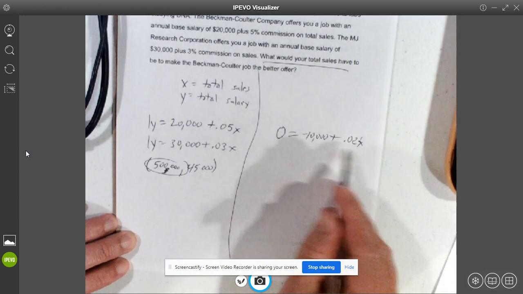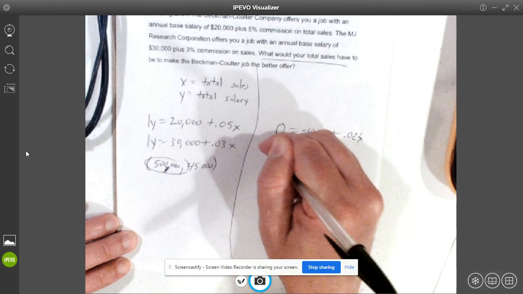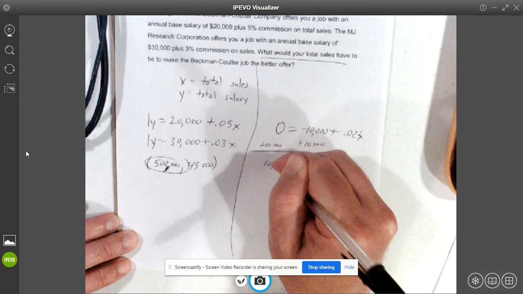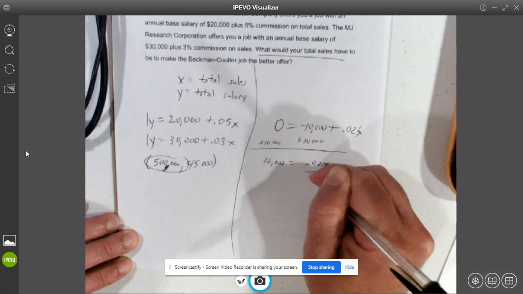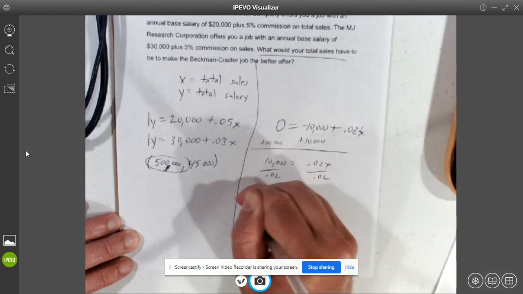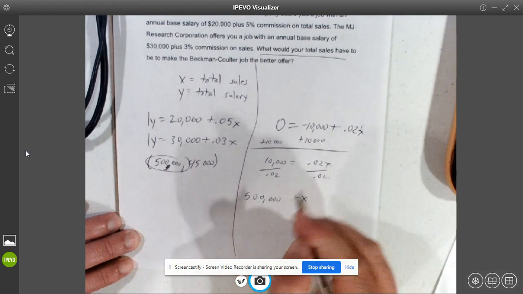And now you notice I get an equation with only x, so I can solve that. I can add 10,000 to both sides, and I get 10,000 equals 0.02x, and divide that by 0.02 on both sides, and guess what I get? I get 500,000, which is exactly what the graph showed us.